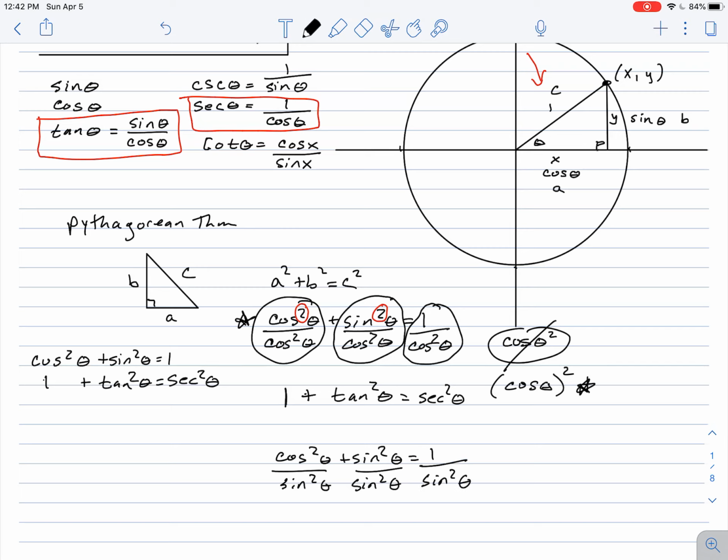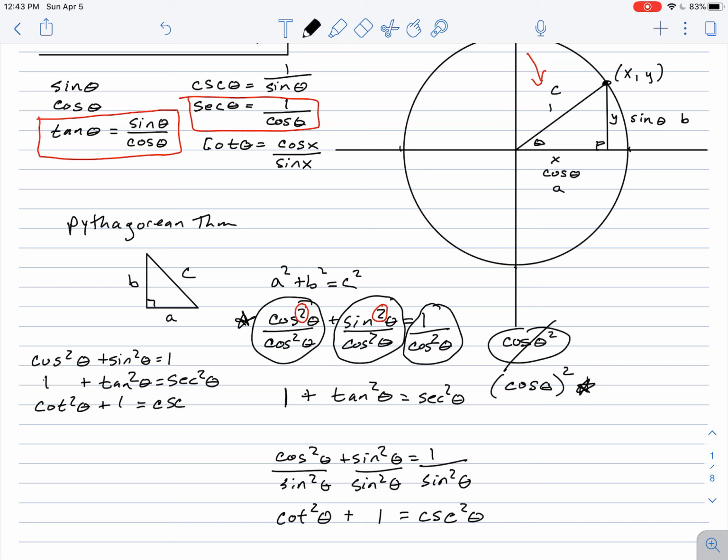And let's see how this reduces. Cosine over sine, look back at your trig functions up top. Cosine over sine is cotangent. So since it's squared, it's going to be cotangent squared. Sine over sine, well, that's 1. And 1 over sine squared, well, that's cosecant squared.